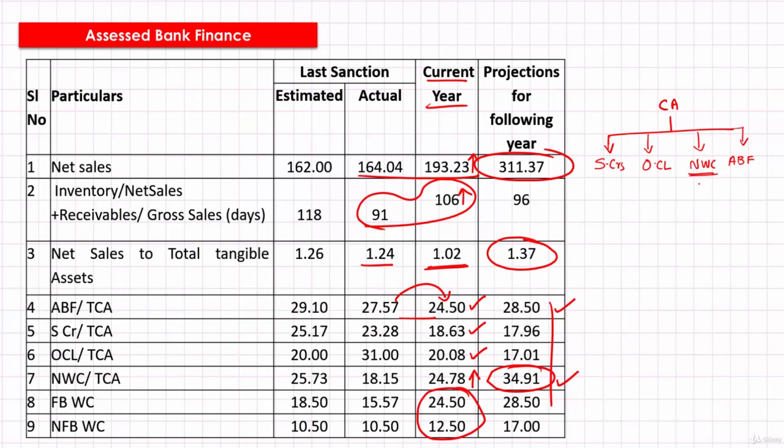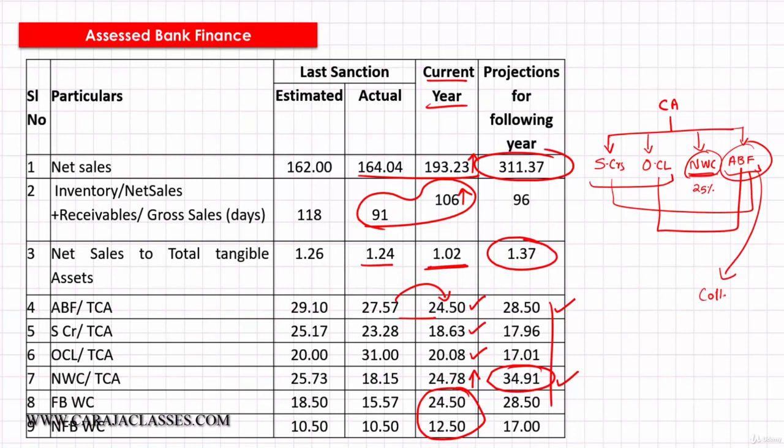In that, the minimum expectation over here is 25%, and this proportion can vary, okay, but this is expected to be 25%. Sometimes there will be a shift from sundry creditors to ABF, a shift from OCL to ABF, but this level would again depend upon the collaterals the banks are taking, okay.